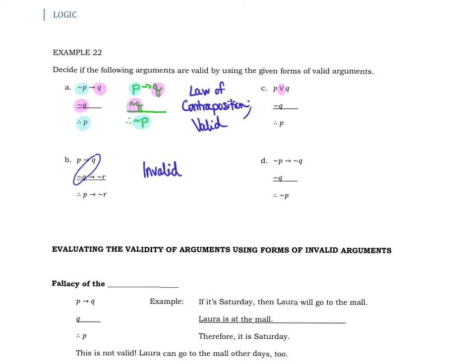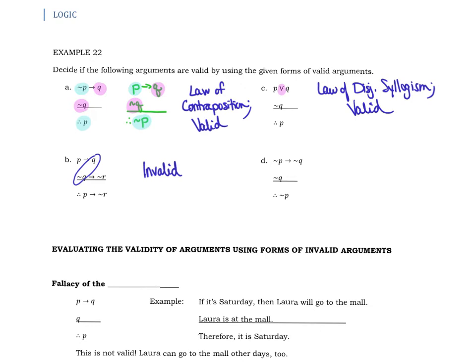So this would be like they'll order pizza or Chinese for dinner, but this one says they didn't order Chinese, therefore they ordered pizza. This is the law of disjunctive syllogism, also a perfectly valid argument.